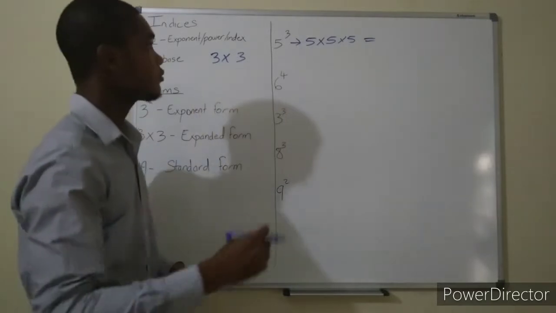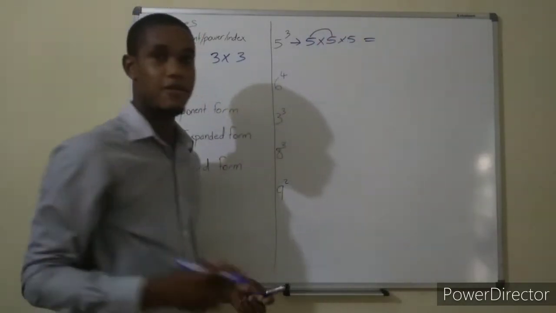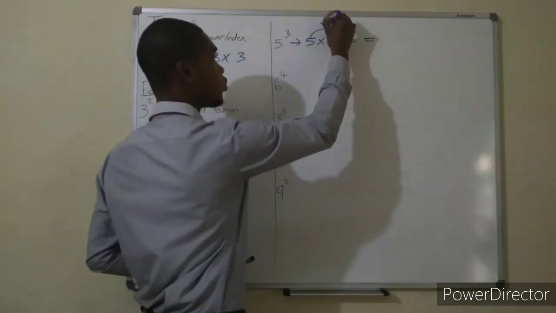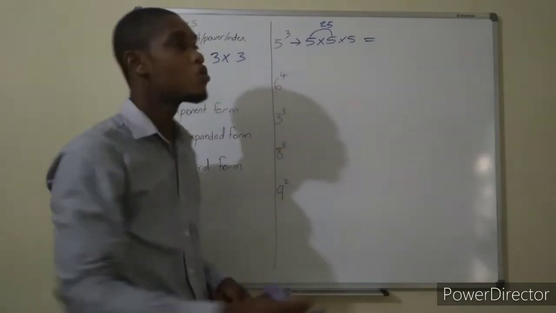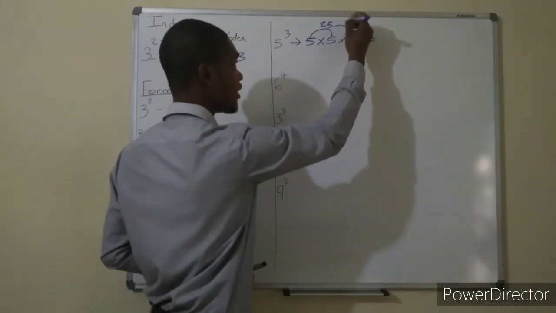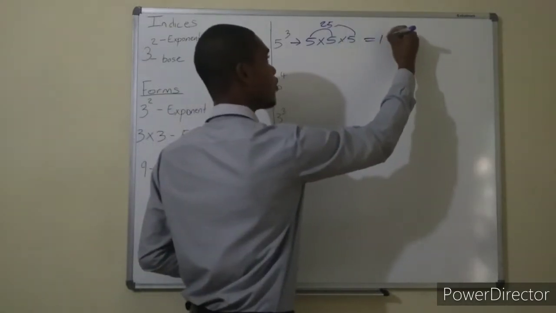Now, working it out, 5 multiplied by 5, because you can only multiply 2 numbers at a time. So that gives you 25. And now you have another 5 remaining, so it will be 25 multiplied by 5 as well.